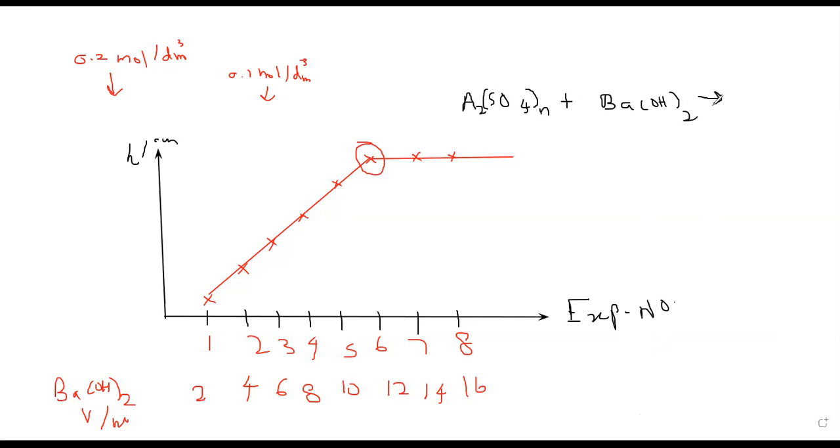Normally, what are the products? Barium sulfate is one product, BaSO4, plus A will go with OH, AOH. If they are sodium, it would be sodium hydroxide like that.